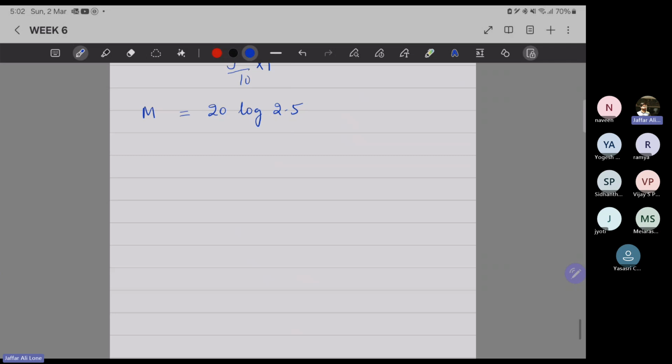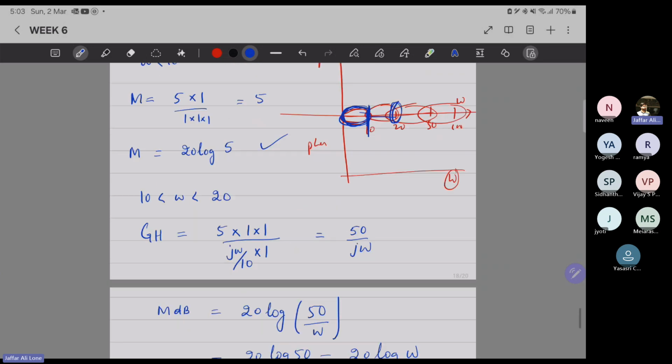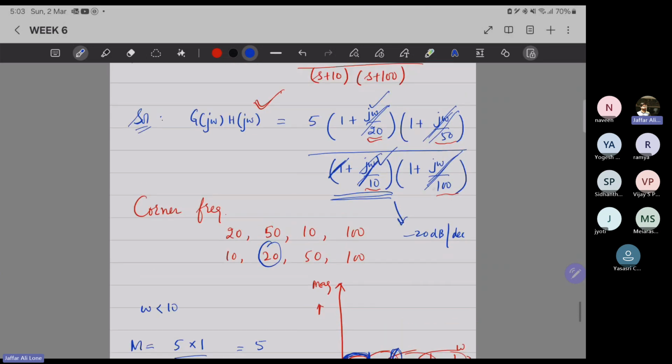Similarly, when omega is between 50 and 100, you will ignore all the omega terms except this 100, right?